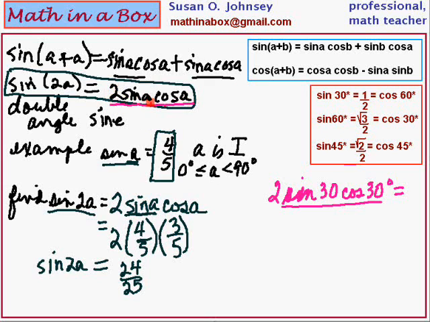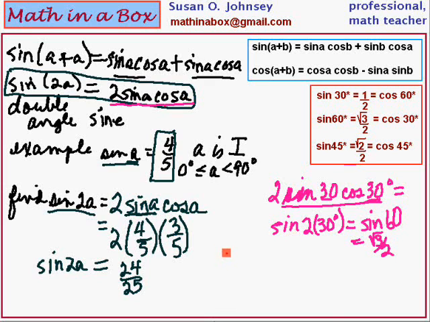It's 2 times the sine of A cosine of A. That is the same angle in both places. Then we can use the double angle identity. This would be equal to the sine of 2 times the angle. Well, our angle is 30. So this becomes the sine of 60 degrees. And the sine of 60 degrees is square root of 3 over 2.